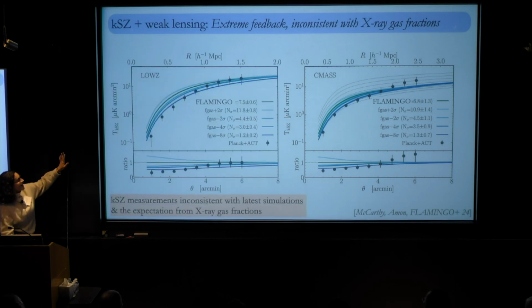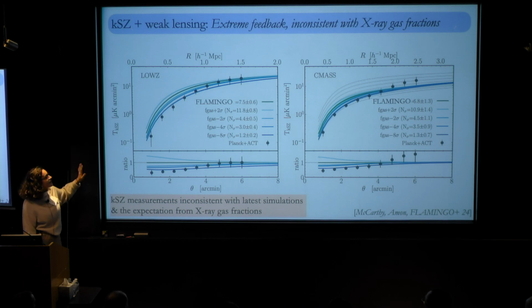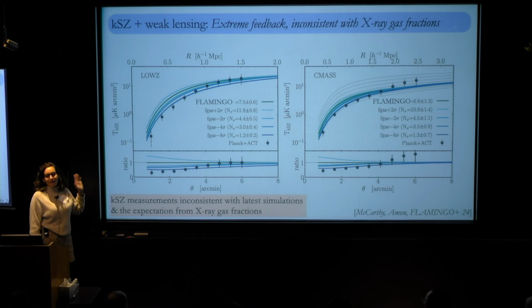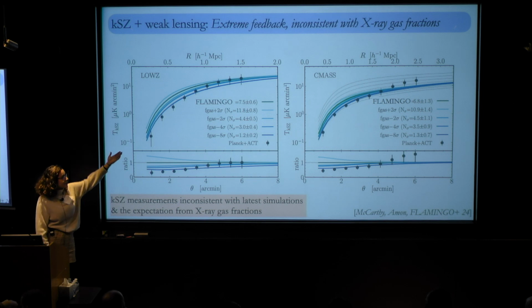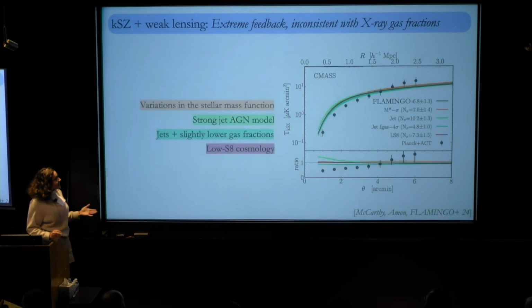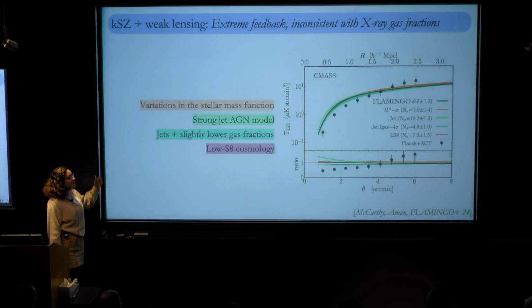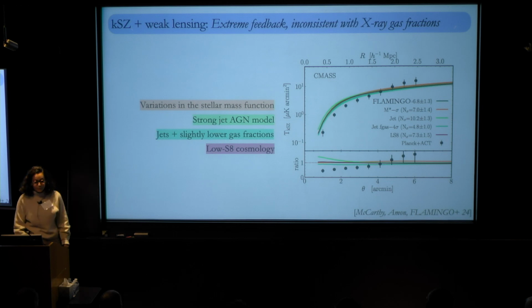Now, we also analyzed the low Z measurements of KSE from Emmanuel Shan's paper to check that this wasn't some dependence on halo mass or redshift, as it's a slightly different sample. And we found the same thing, but to even more extreme significance. We checked with the strong AGN, the strong jet model, or variations in the stellar mass function, and none of these were changing the fact that Flamingo could not reproduce the KSE measurements.